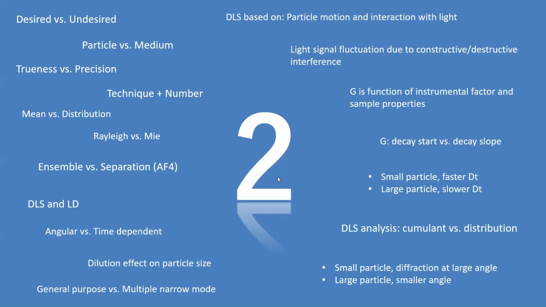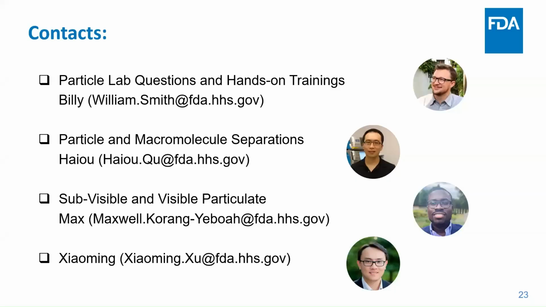So that's it for all the classes that we have talked about. Of course, I emphasized DLS and laser diffraction more because those are the two you will most commonly see in submissions. But here is again a slide showing all the contacts.